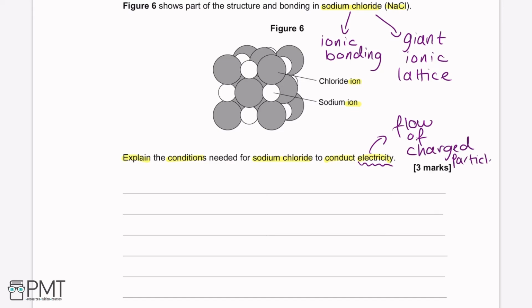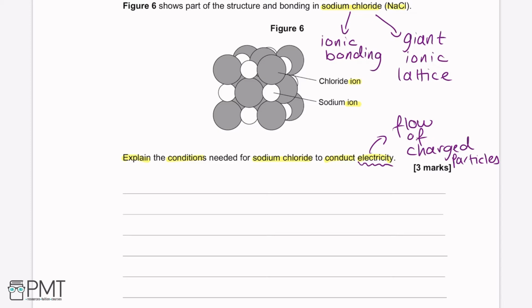Now, hopefully we agree that ions are charged particles, because they are atoms which have either gained or lost electrons. But at the moment, in our giant ionic lattice, those ions can't really move. They can vibrate about a fixed position, but they're not free to move around and carry charge.